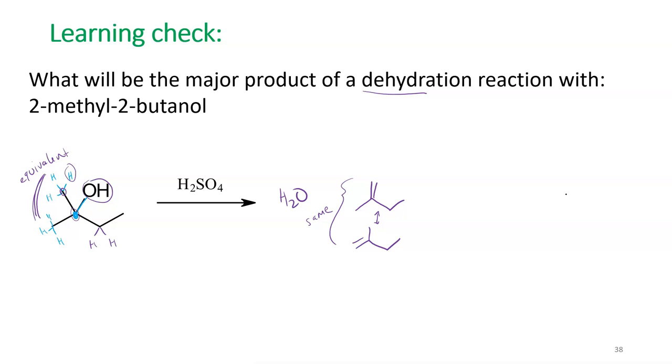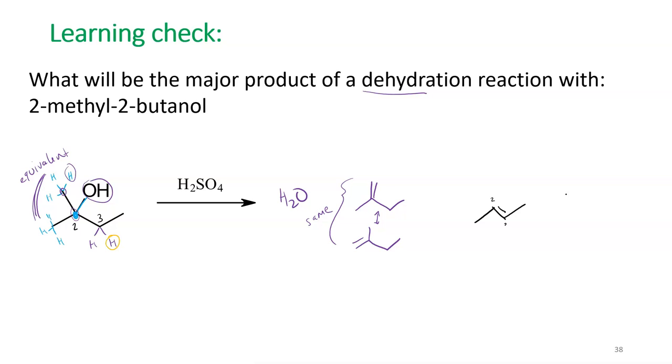But if we do the proton that I'm going to highlight here, one of these protons, for example, which is also on an adjacent carbon, then we're going to get a different compound where that double bond will now be between the number 2 carbon and the number 3 carbon.